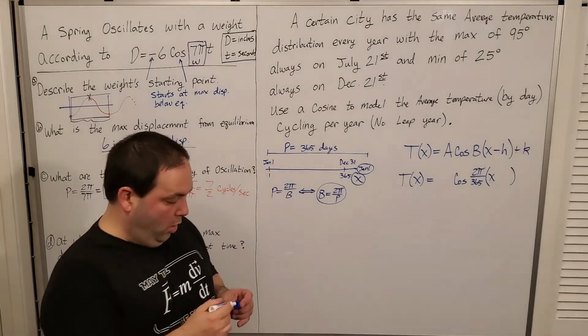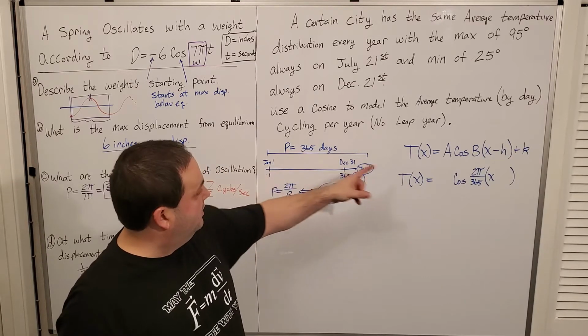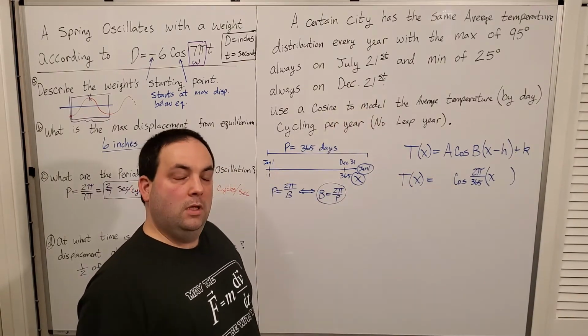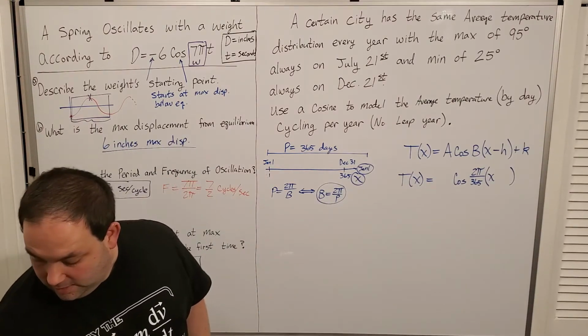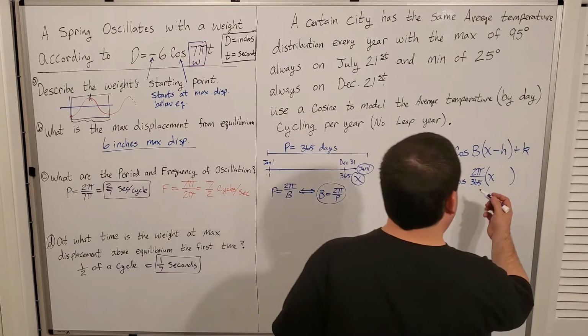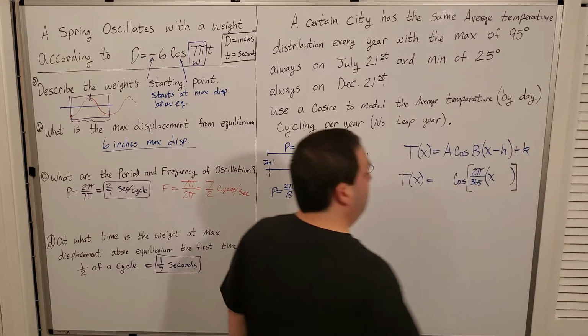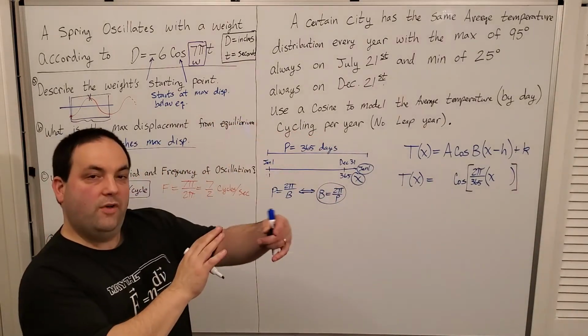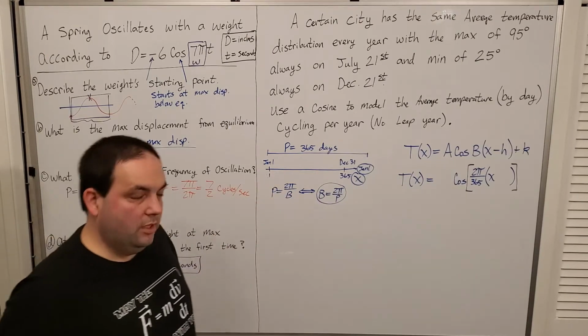I've already figured out one of the pieces of it, right? 2 pi over the period, 2 pi over 365, is now within my cosine there. Now, incidentally, in case you didn't see it, the cosine is actually encapsulating all of this. I'm actually doing the cosine of all of that. Typically we don't write those extra brackets, but I'll throw them in there just so that you can see.